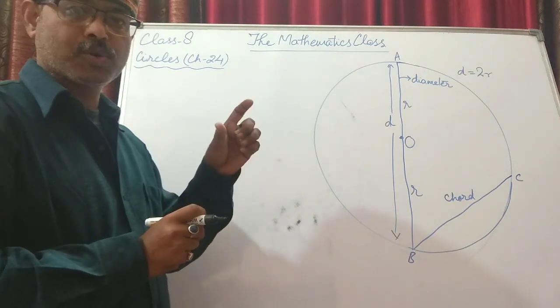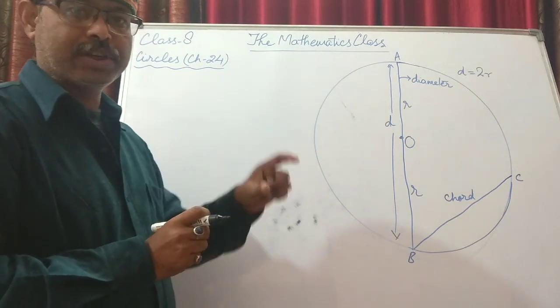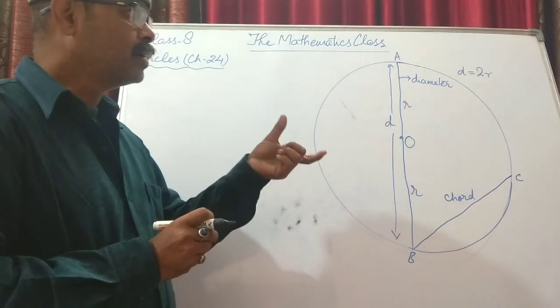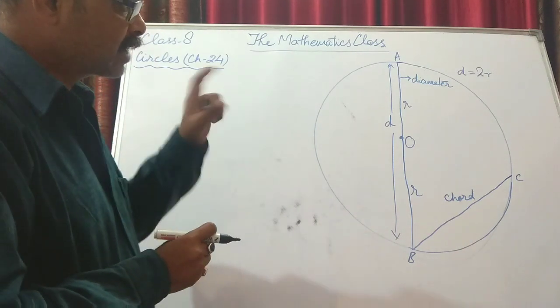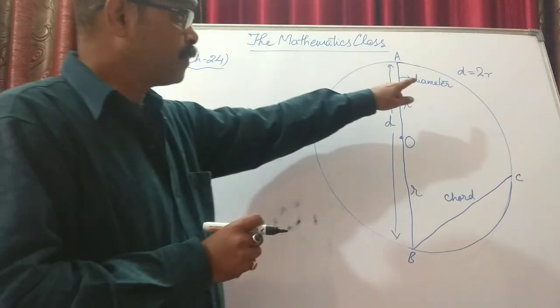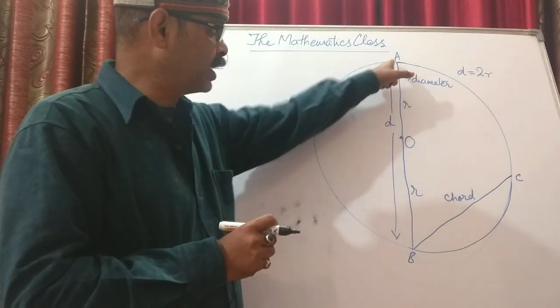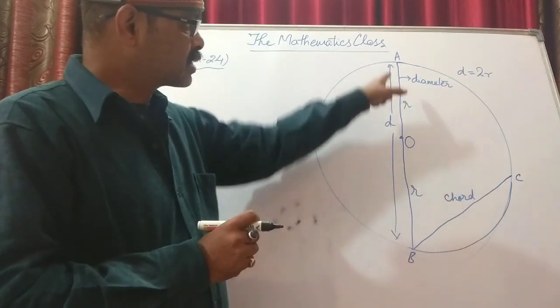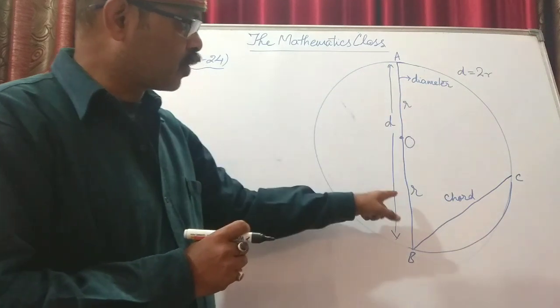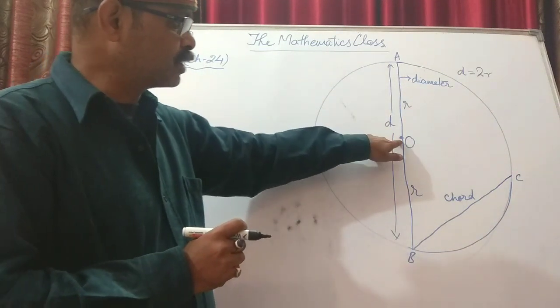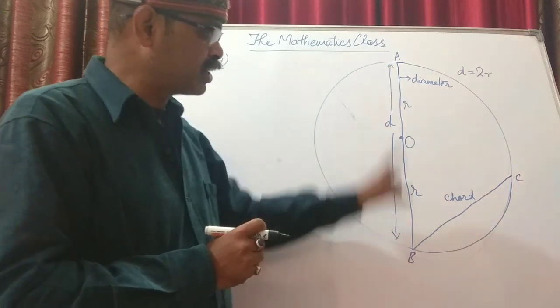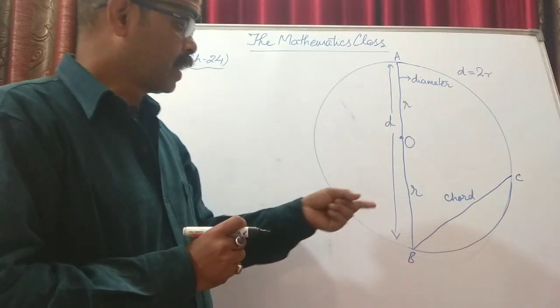Chord is also a line segment which joins 2 points on the circle. At the same time, you can see diameter is also joining 2 points on the circle, but since it is passing through the center, this chord is termed as diameter.